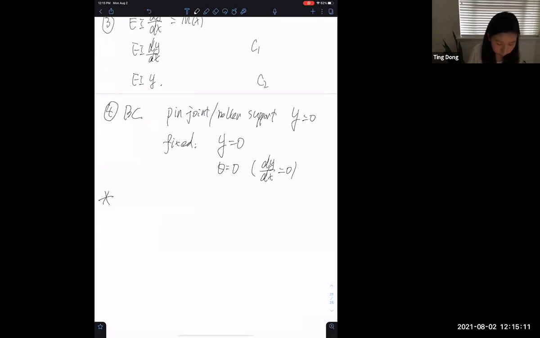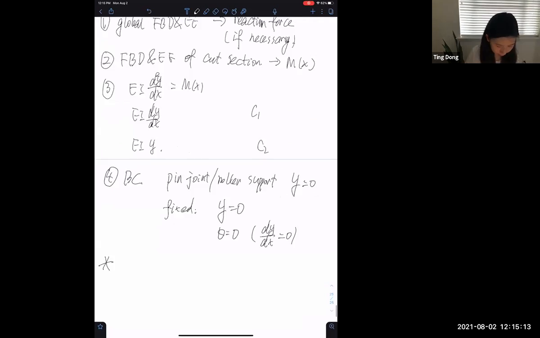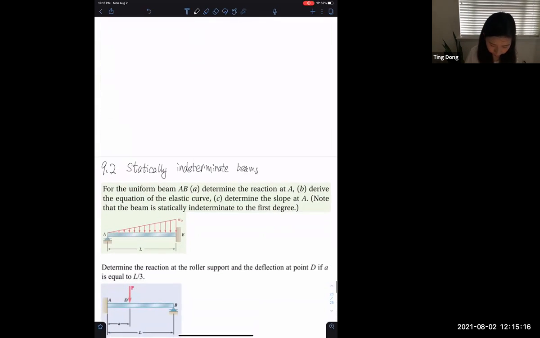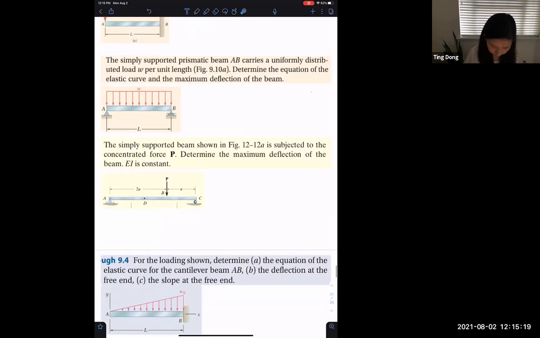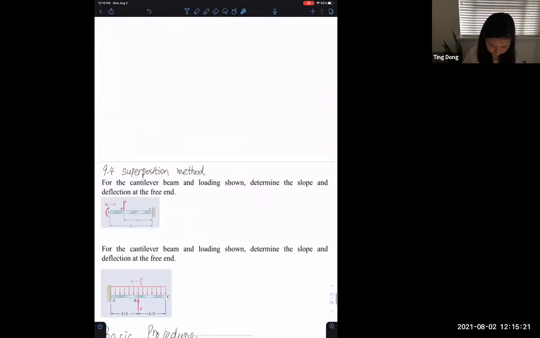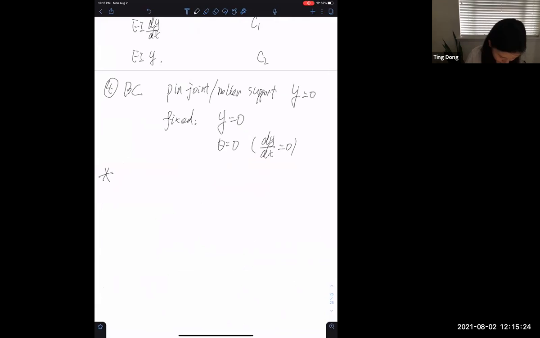And one part, if there's a concentrated force applied on the beam in the middle, then we can have theta 1 equal to theta 2, y1 equal to y2.